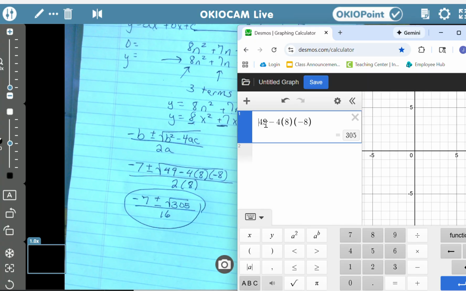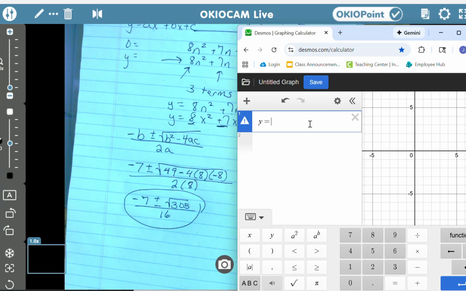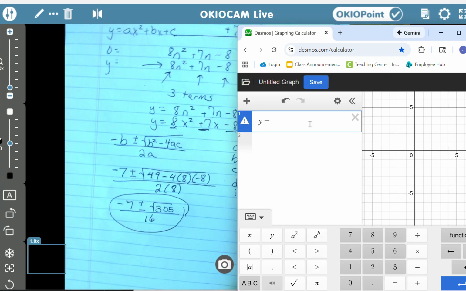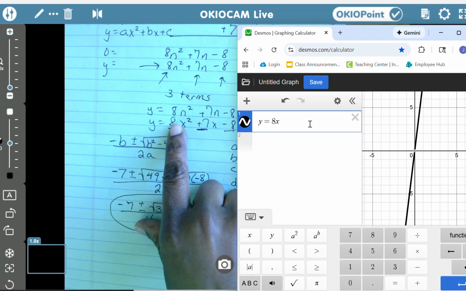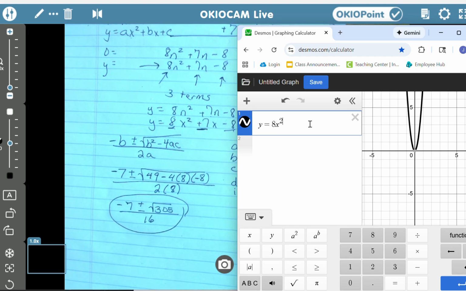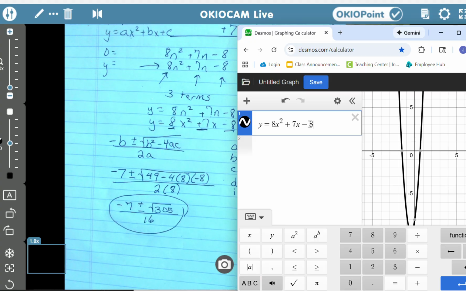Now, we can verify that the solutions are not whole numbers because we can come here on decimals and type in y equals, I'm going to put in the original equation with x's, not with n's. And I can see, look, you get a decimal answer as the zero, negative 1.5.